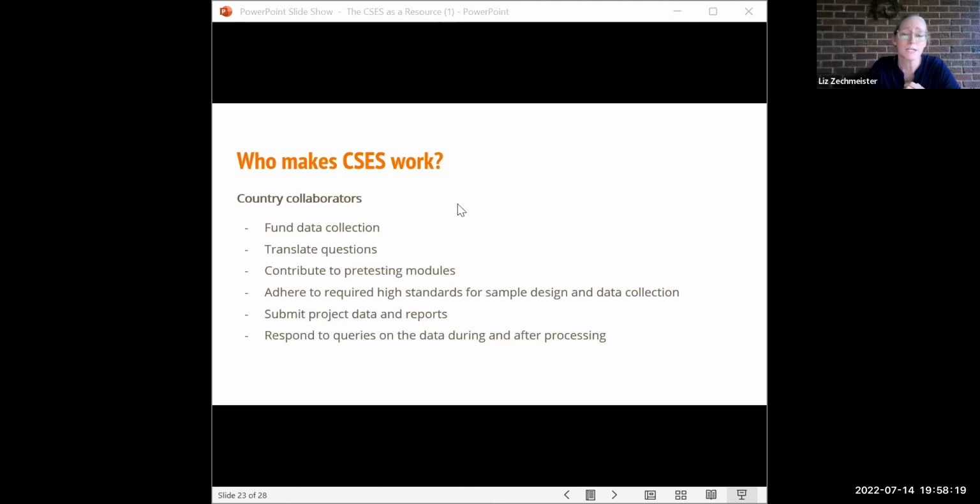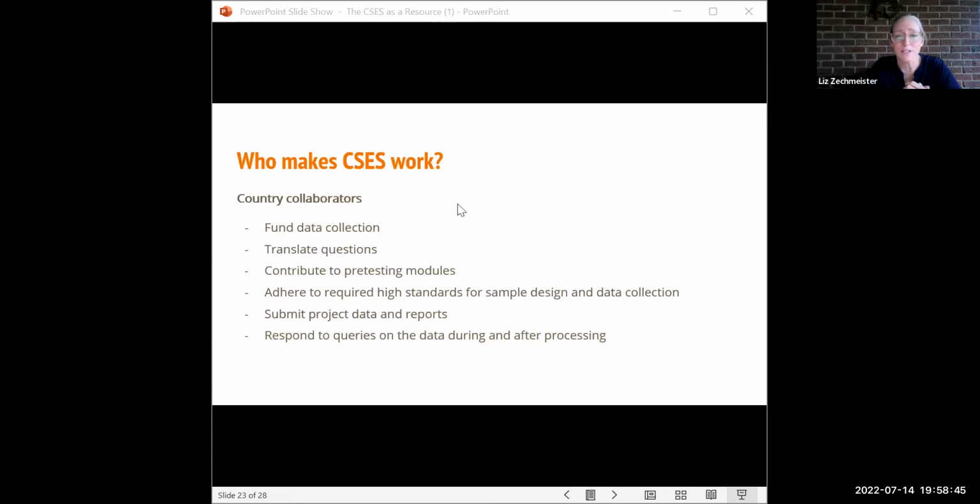They submit project data and reports, so their work doesn't end with the collection of the data, but it continues afterwards as they clean the data and submit it in an accessible way to the project along with reports. And they respond to queries on the data during and after processing. So the CSES collaborators are, I would say, maybe the unsung heroes of the project.